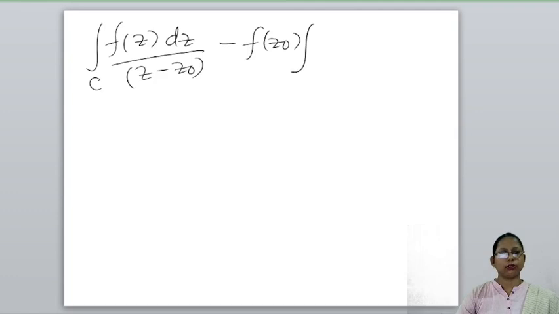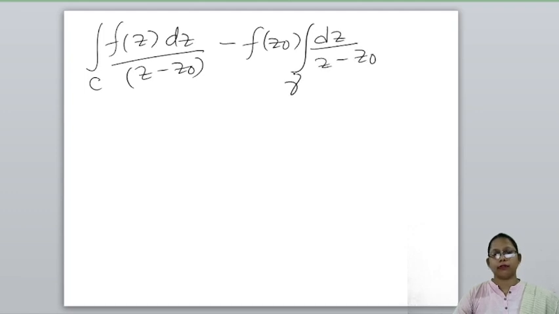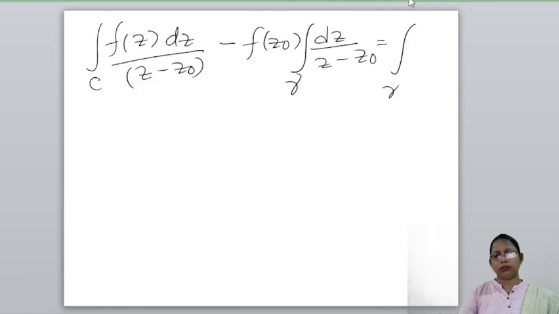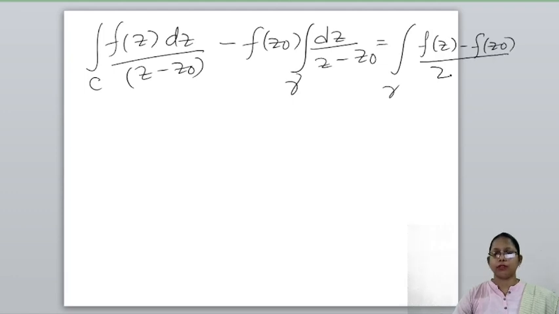So write gamma on the left and gamma on the right. Take the integral common, then write the things inside the integral, that is f(z) minus f(z naught) by (z minus z naught) dz.